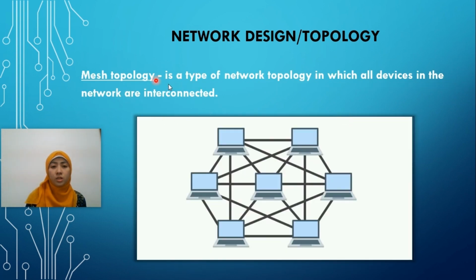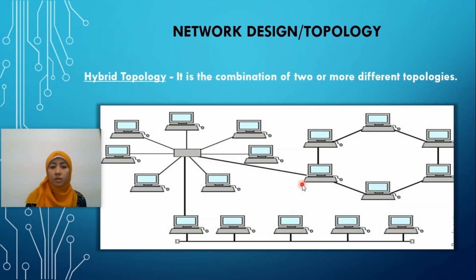Then mesh topology is a type of network topology in which all devices in the network are interconnected. So it's like this. And hybrid topology is the combination of two or more different topologies, which means that you can have two or more different topologies like this.